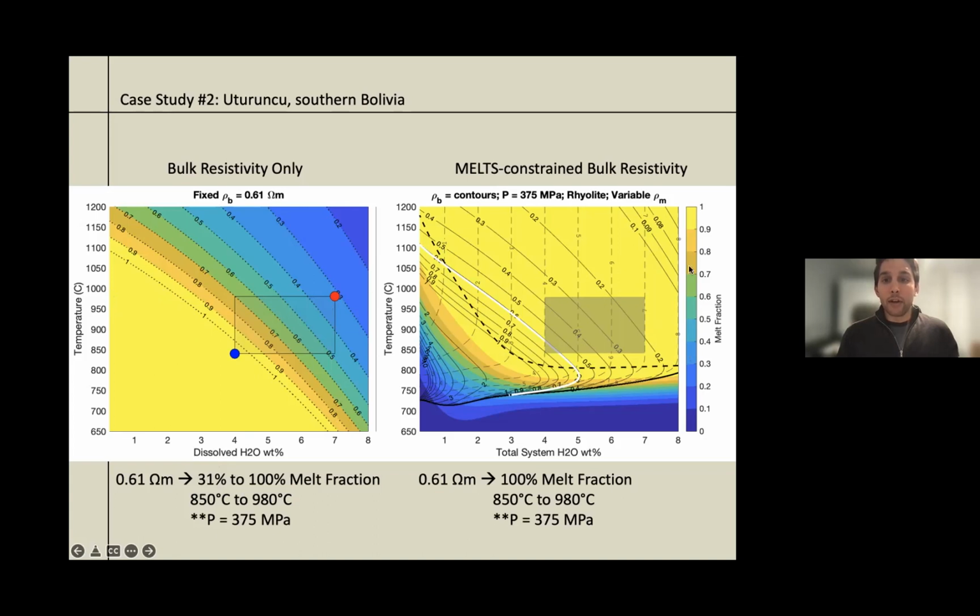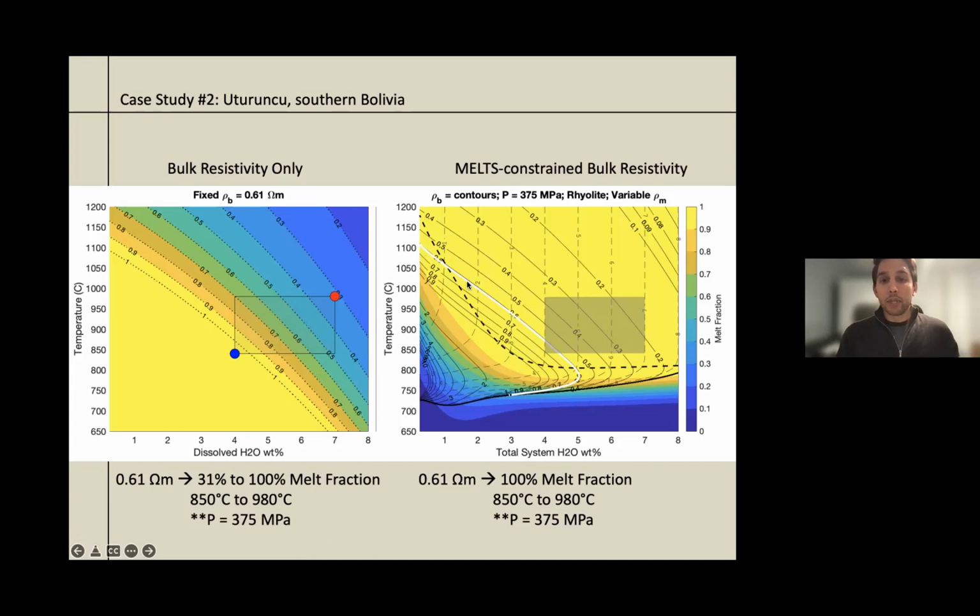And so we can map that onto this melt constrained bulk resistivity space. And you can see that here's the white line showing the 0.6 ohmmeter contour. And you can see that this gray box showing the area where petrology would suggest you are is basically all superliquidus temperatures and water content conditions.